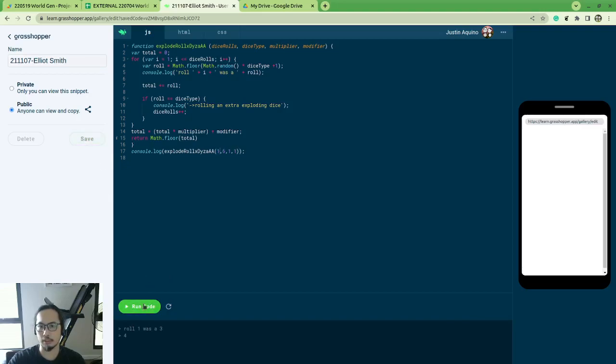Let's save it. So it should. Oh, there! It had an explosion. 5. Oh yeah, plus modifier. Let's put 0 here. Run code. Okay, nice. Okay, let's save that.